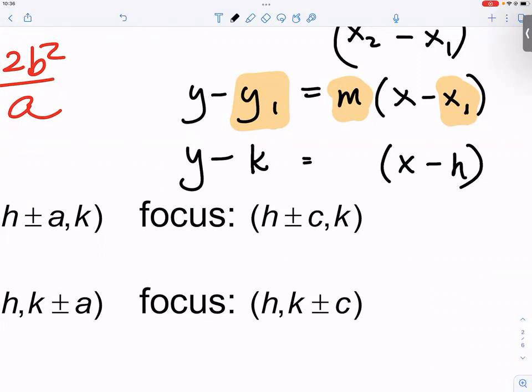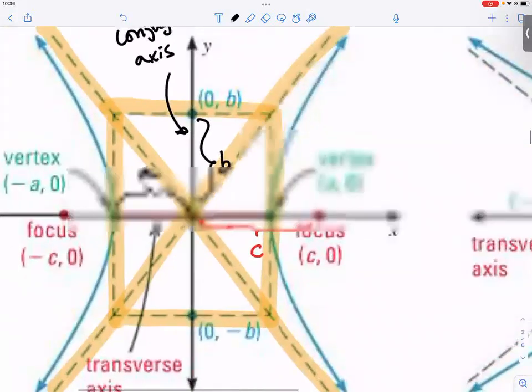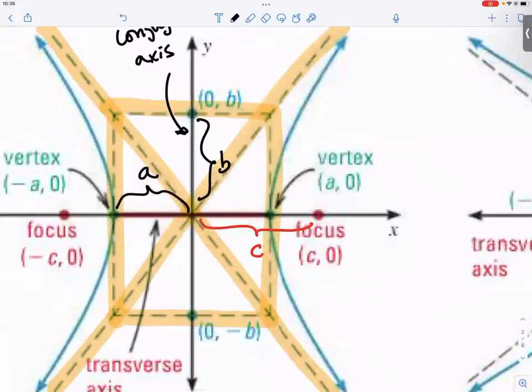Now, what about the slope? Now there are two asymptotes here. So we say, all right, let's get the rise over run. What is the rise over here? That's a b value. What's the run? That's a value.